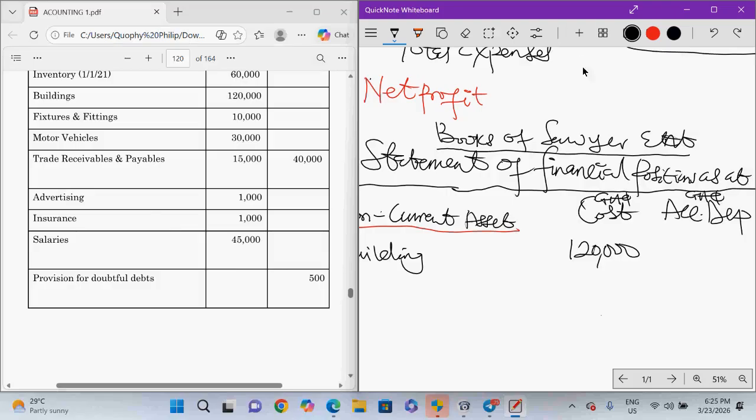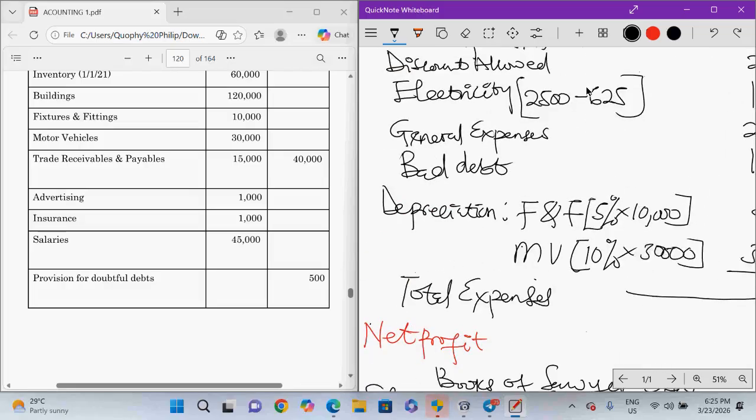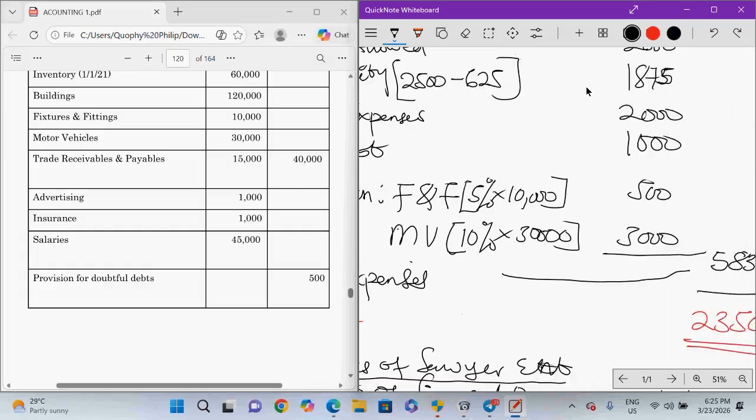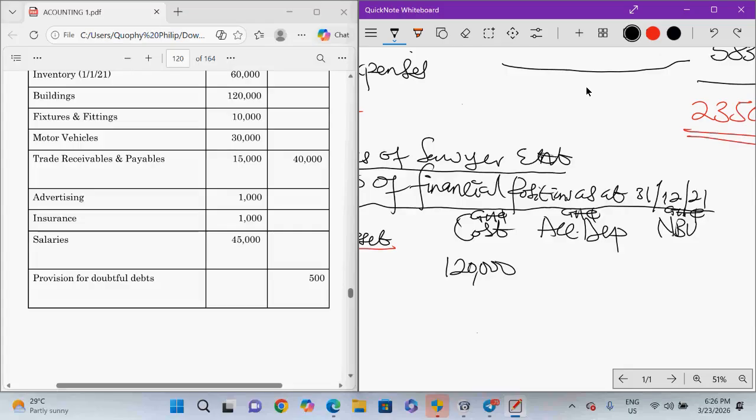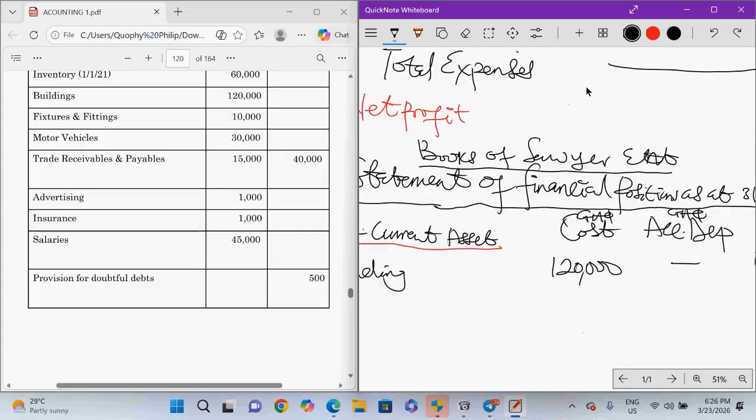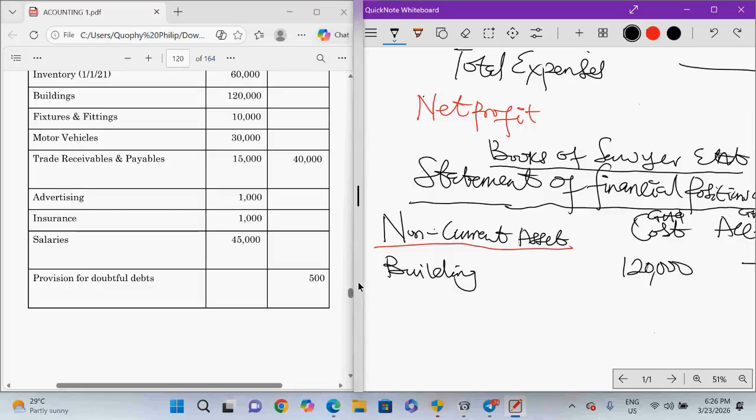Add the depreciation that we computed earlier, the current one, to the accumulated, to get the total accumulated, right? So depreciation is 500. No. Land didn't depreciate, so 120,000. There was no depreciation with respect to building.